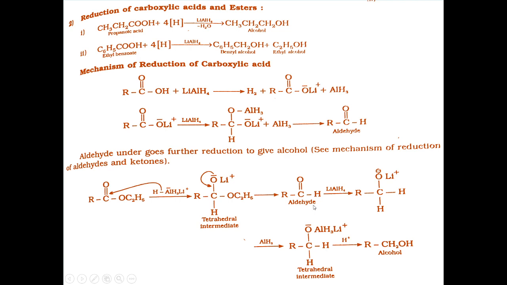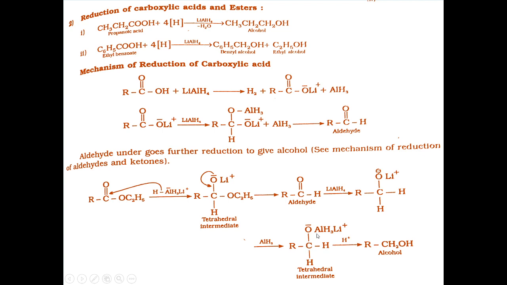This is the aldehyde. Again, it reacts with lithium aluminum hydride. Here is the formation of the next intermediate product, with a negative sign on oxygen and a positive sign on the lithium metal. Next, it reacts with aluminum hydride, and the tetrahedral intermediate forms.